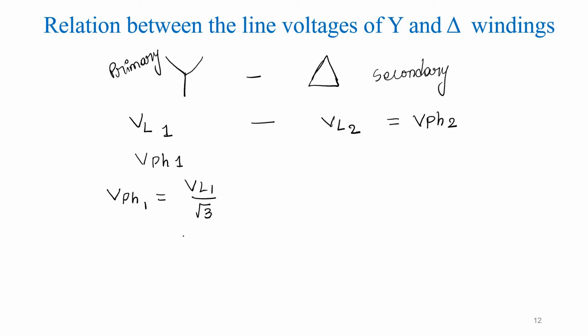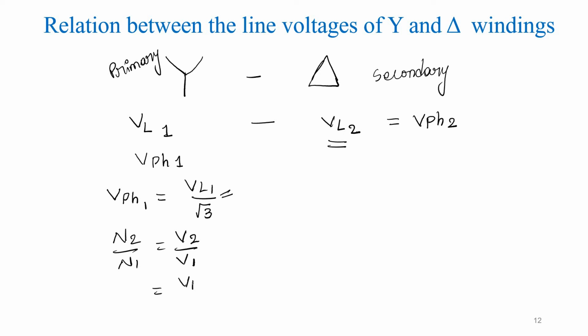Now I want to represent the line voltage of my secondary side in terms of the line voltage of the primary side. Then only I will get the rated line voltage relations between the star and the delta connection. Now we know to relate those two quantities, we need the transformation ratio. We know the transformation ratio K is equal to N2 by N1, that is equal to V2 by V1.